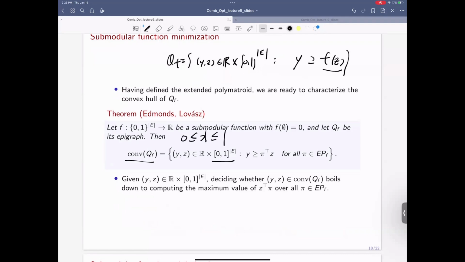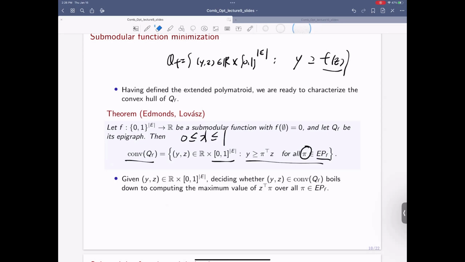Now you're adding a bunch of inequalities, y at least pi transpose z. But you have to take all possible coefficient vectors pi from the extended polymatroid.